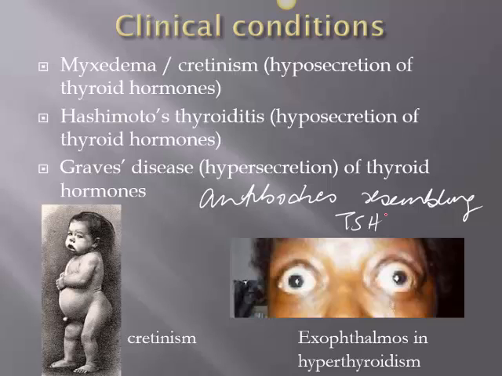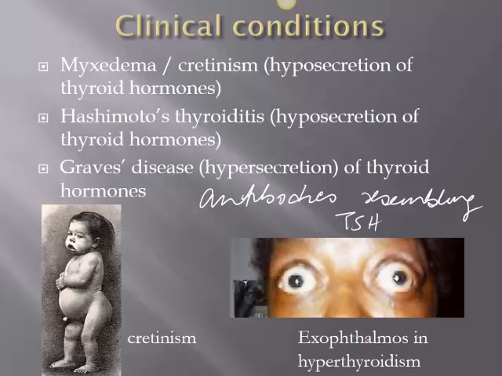In Graves' disease and in hyperthyroidism, one of the things that is seen is a condition where the eyeballs tend to protrude. That is known as exophthalmos. Ophthalmos has to do with the eye, ex meaning out. So the eyeballs protrude.